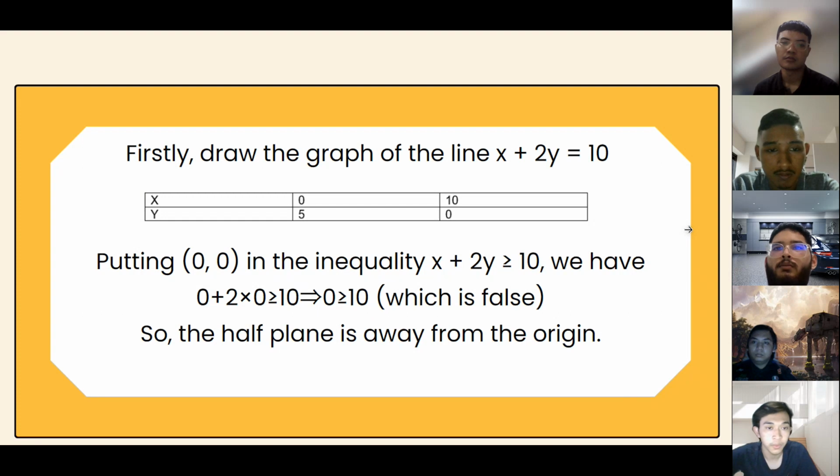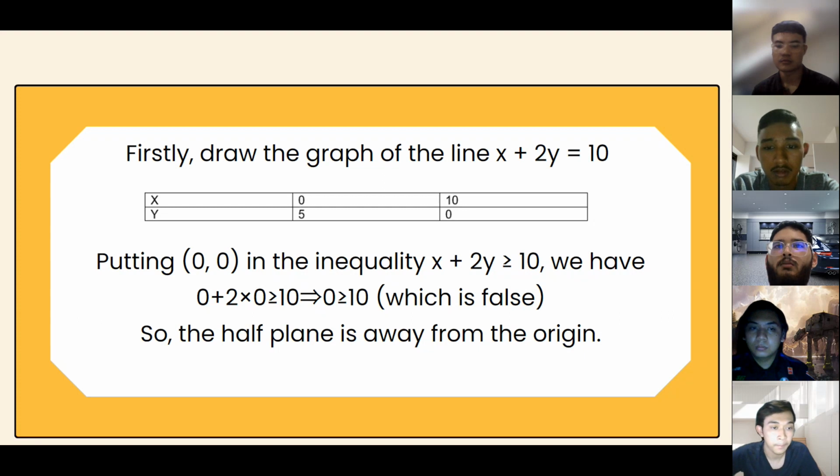Firstly, we have to draw the graph of the line X plus 2Y equal to 10. Putting 0, 0 in the inequality X plus 2Y more than or equal to 10, we have 0 plus 2 times 0 more than or equal to 10, which is 0 more than or equal to 10, which is false. So the half plane is away from the origin.